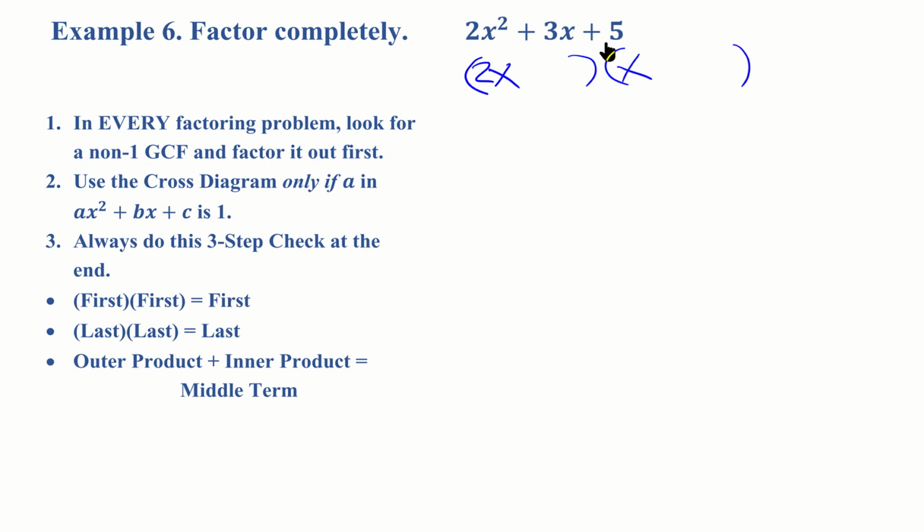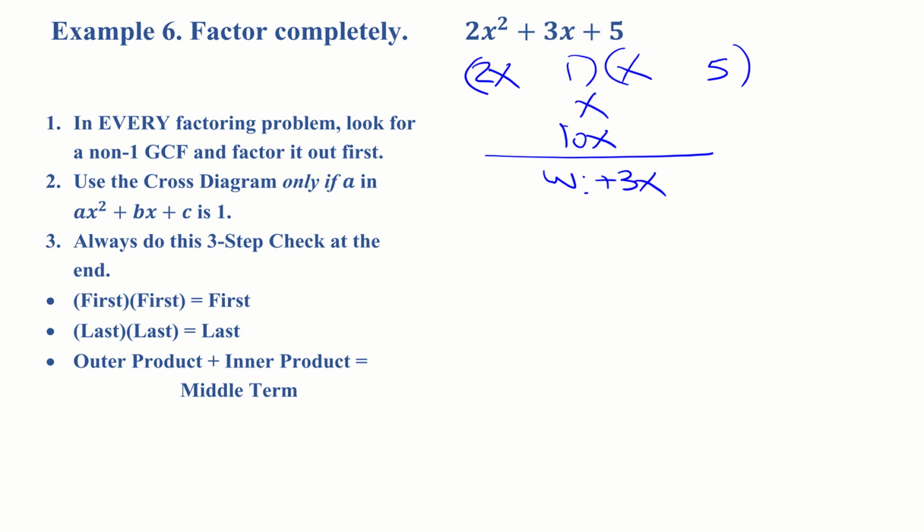Two numbers whose product is 5. So notice we either have a choice of 1 here, 5 here, which we can try. That would make the inner product x, the outer product 10x. But we want a combination that is positive 3x. There's no way we can get it from those two.